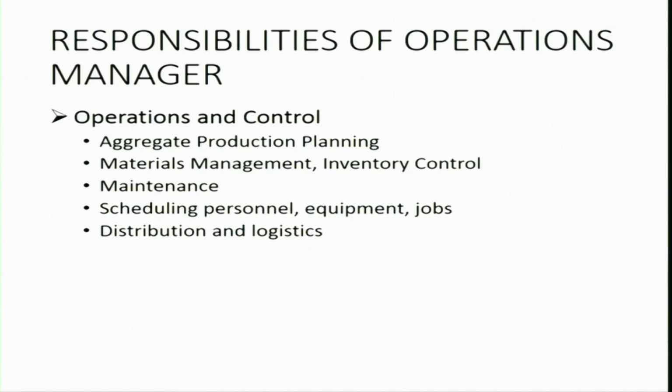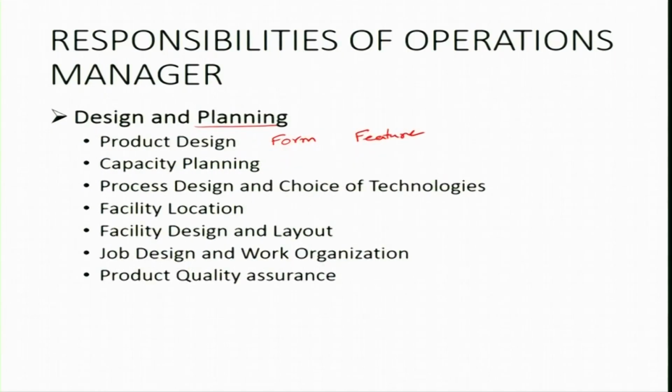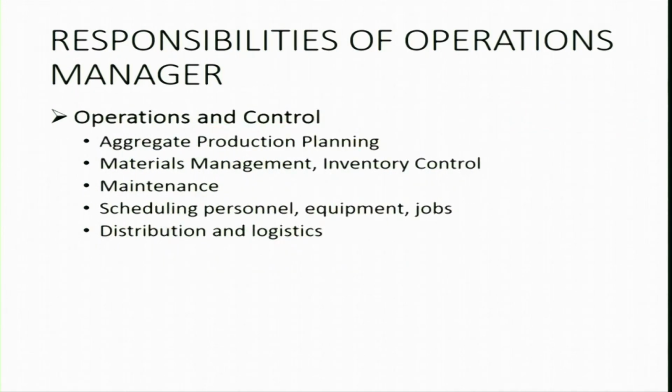Here you will find that when we are talking about the design in the previous slide, the decisions are more strategic in nature, whereas when we are talking about operations and control, they are more operational decisions.